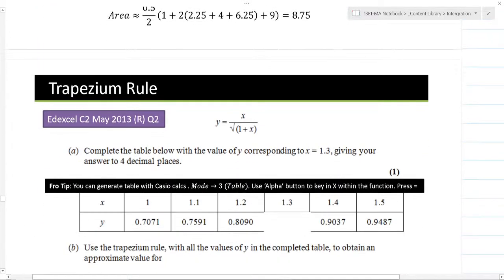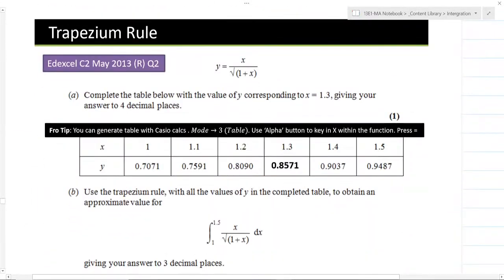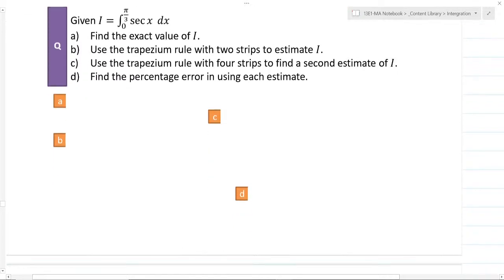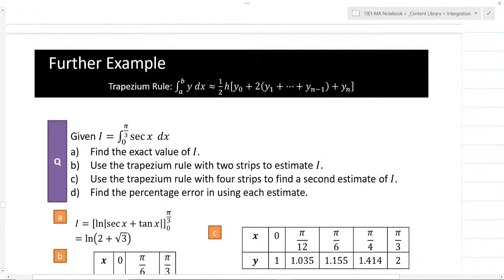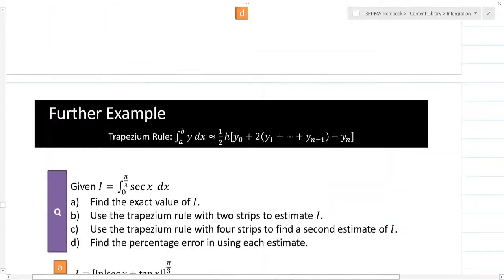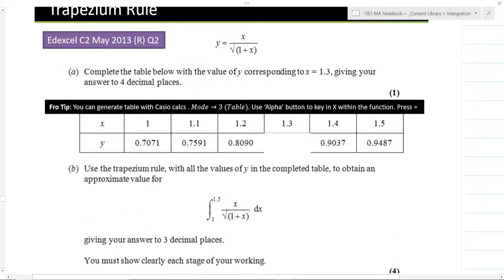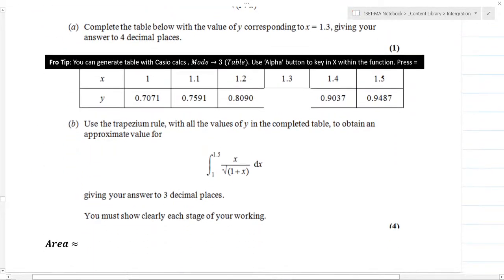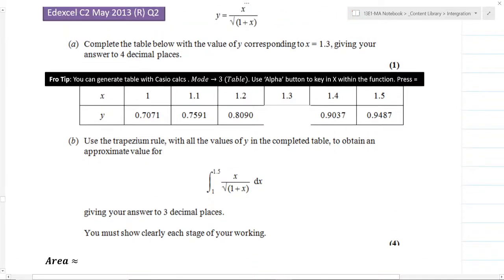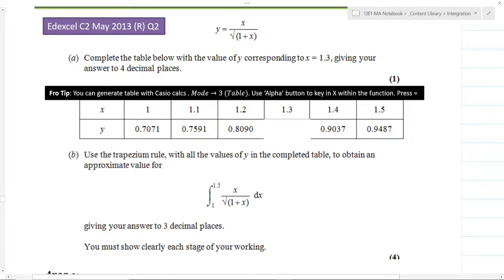Alright, have a go at that one yourself.